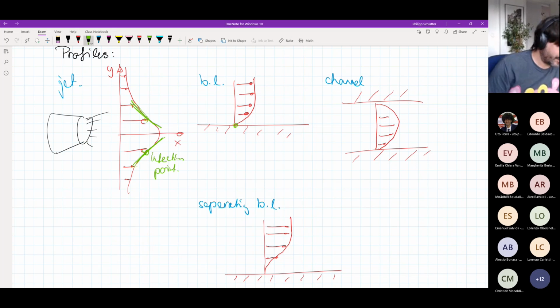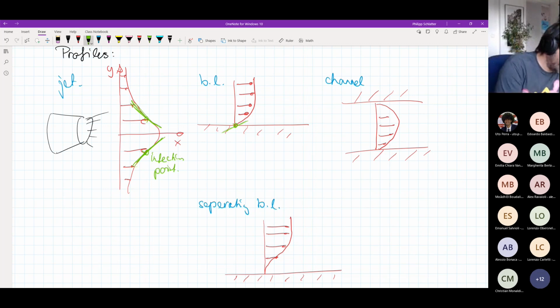Now the boundary layer: there is no position where the curvature is 0, except right here at the wall. This is maybe not so obvious, but if you look at the Blasius profile and plot the second derivative of the Blasius profile, which would correspond to F3 prime, it is 0 at the wall.